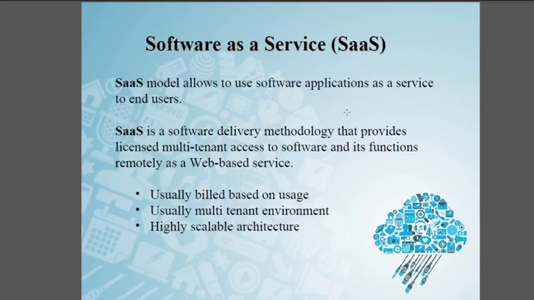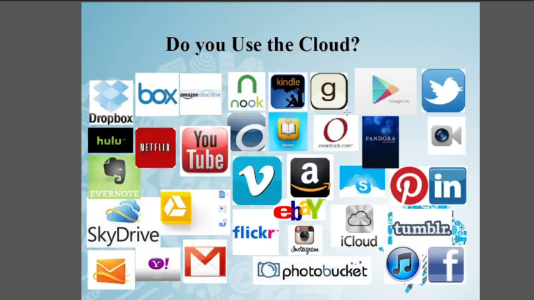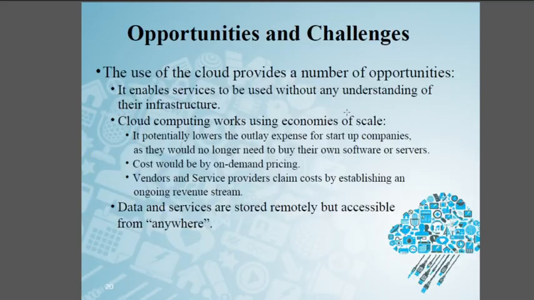And it provides software as a service, right? So these are the companies or organizations that provide SaaS, right? These are the things that might be all of you are aware of, right? And we are using them in day-to-day life, and they are totally based on cloud services, right?